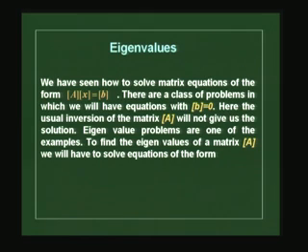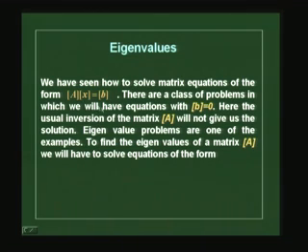So far we looked at a set of linear equations, and we used some matrix methods to solve them. Now we continue a little bit more on matrix equations and look at some other properties of matrices. For example, we look at how to compute the eigenvalues of these matrices. We saw how to solve matrix equations of the form Ax equal to b, that is what we just learned.